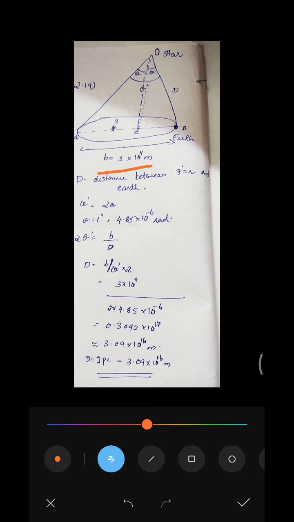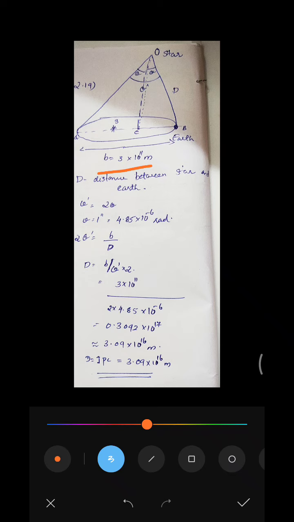Now the definition of parsec is given. A parsec is a convenient unit of length on the astronomical scale. It is the distance of the object that will show a parallax of 1 arc second from opposite ends of a baseline equal to the distance from Earth to Sun.